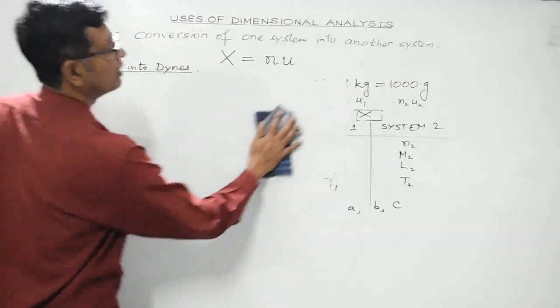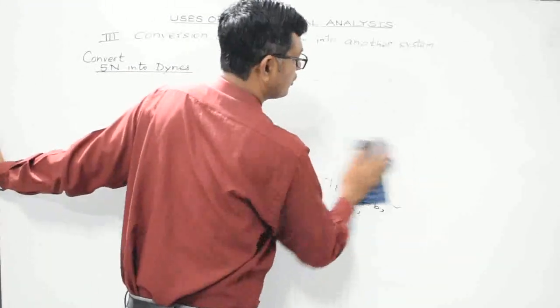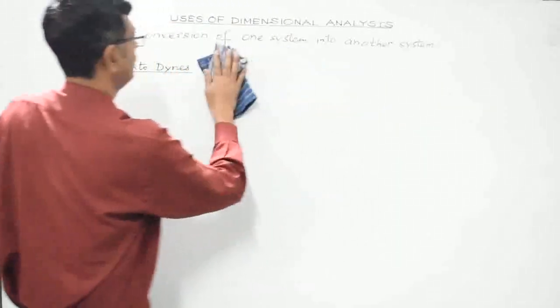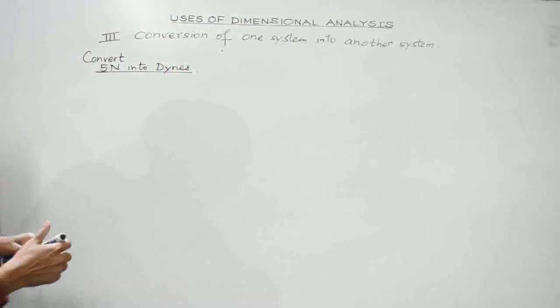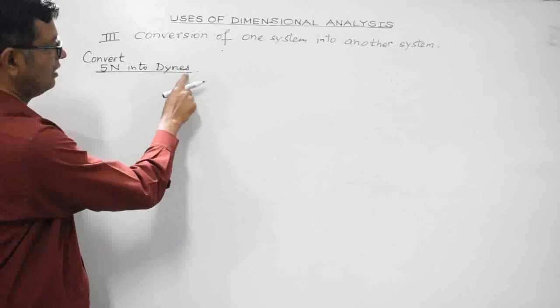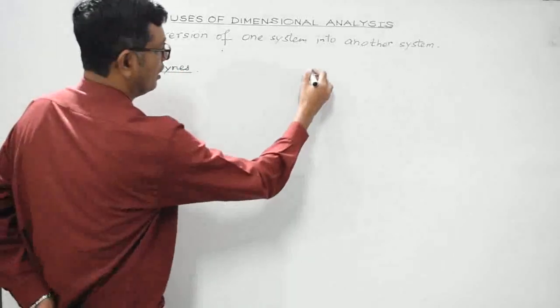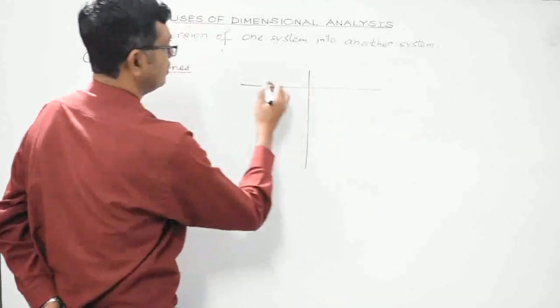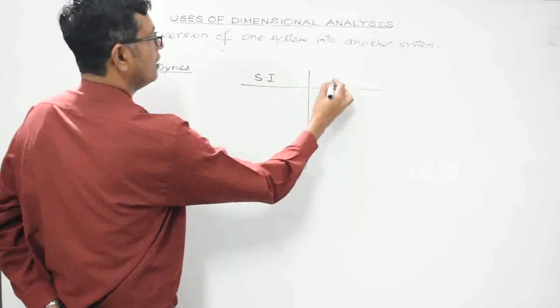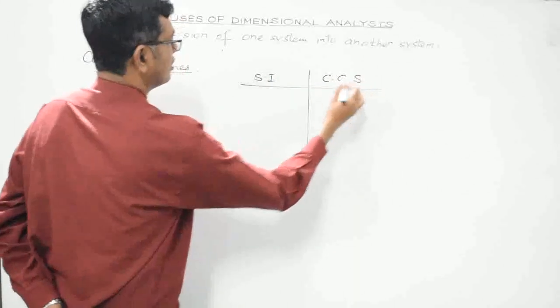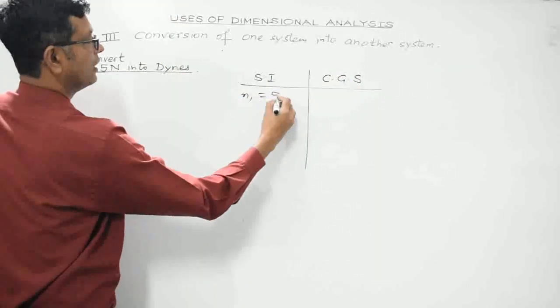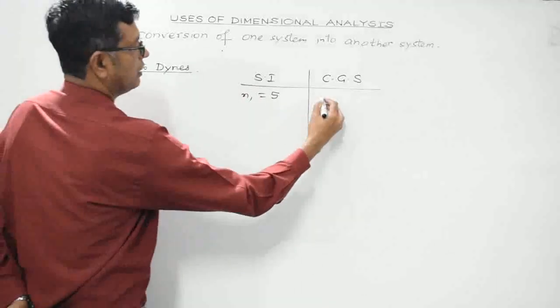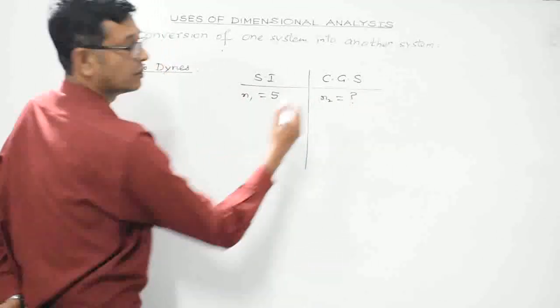We'll proceed with the manner in which we have discussed just now. So, there are two systems. Newton is the SI and dyne it is the CGS. So, let's consider these two systems. One is SI, the other one is CGS. Here the numerical value is 5 and here the numerical value is to be determined.